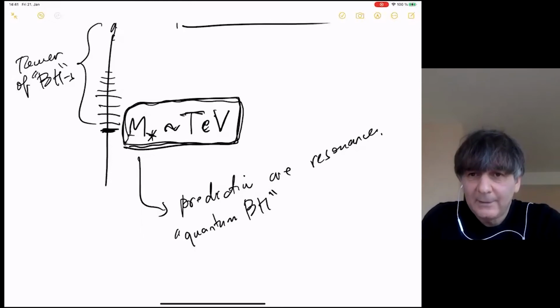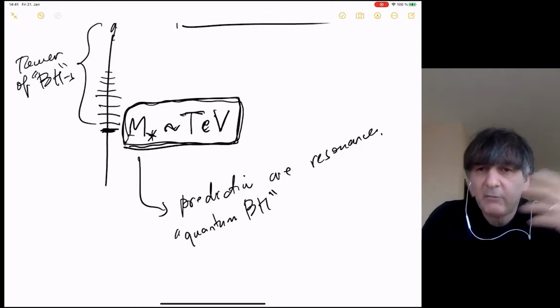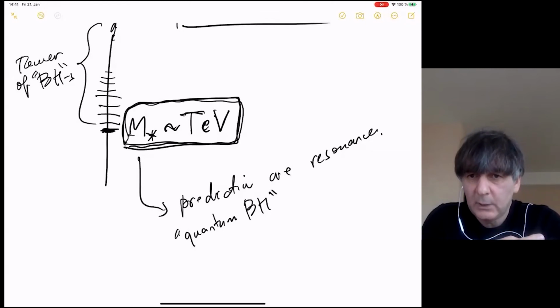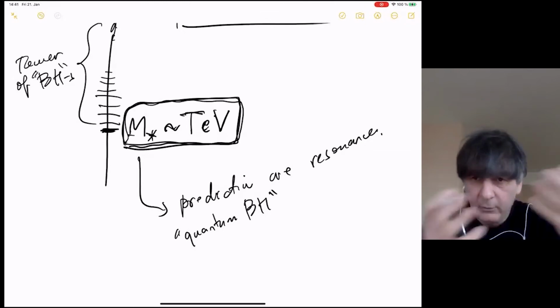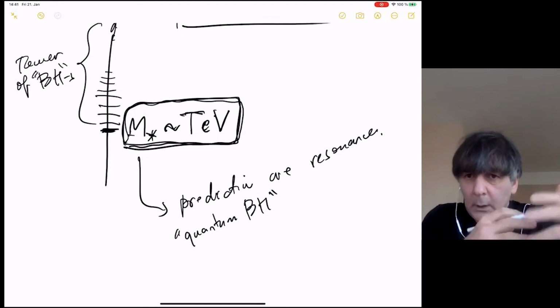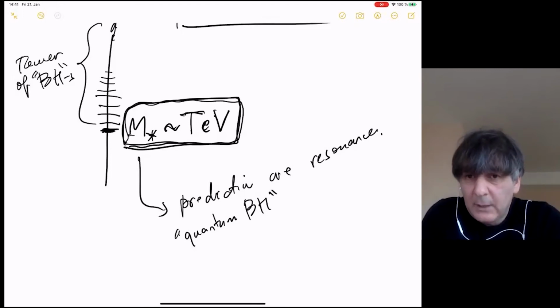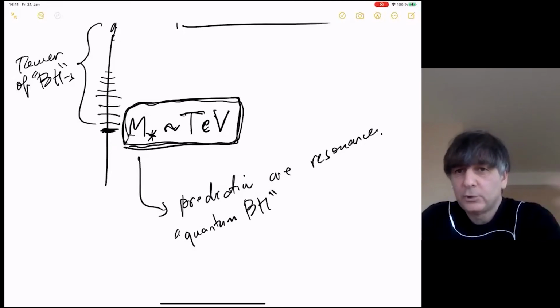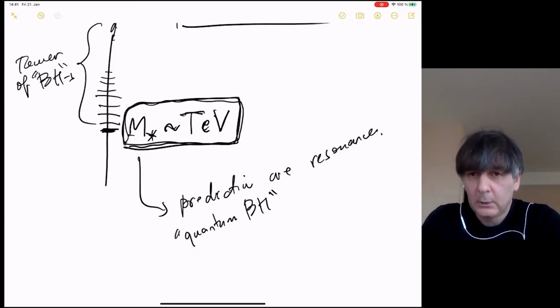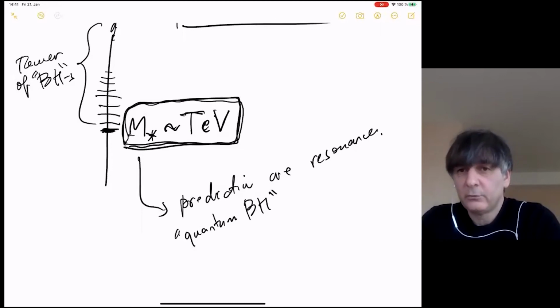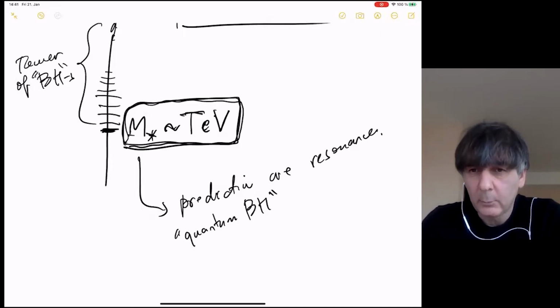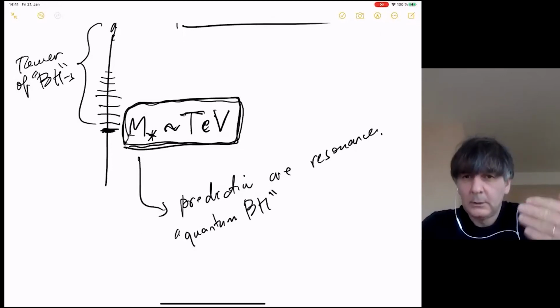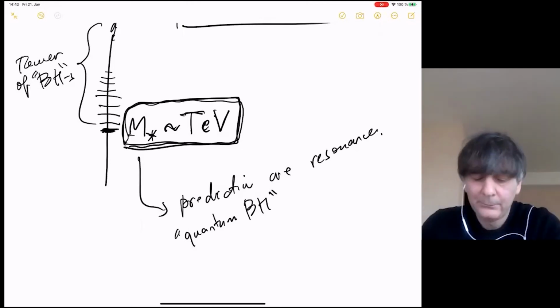As I said, the first resonance is very far from being a classical or semi-classical black hole. It doesn't really have entropy. It can be a few states, but it's hard to call a system in a few possible states an entropy. Entropy is a large N notion.